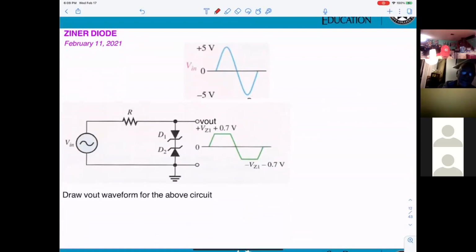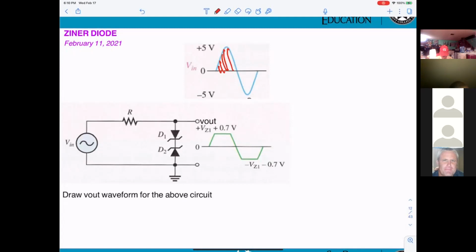Okay, one more for this. They get 2 Zeners. So when the positive, okay, which Zener is in breakdown? That'd be D2. D1 is not in breakdown.